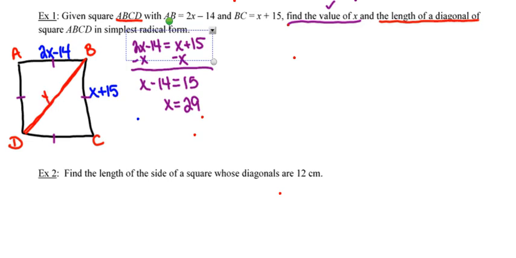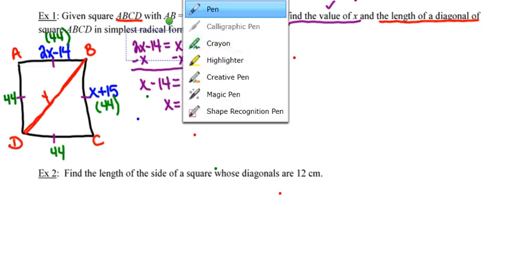And if I know that the value of x is 29, then I know by substituting that in that the length of side BC is 44, and the length of side AB is 2 times 29 minus 14, or 44. And because we're working with a square here, all sides, remember, are the same. So if one side is 44, then all the sides have to be 44.